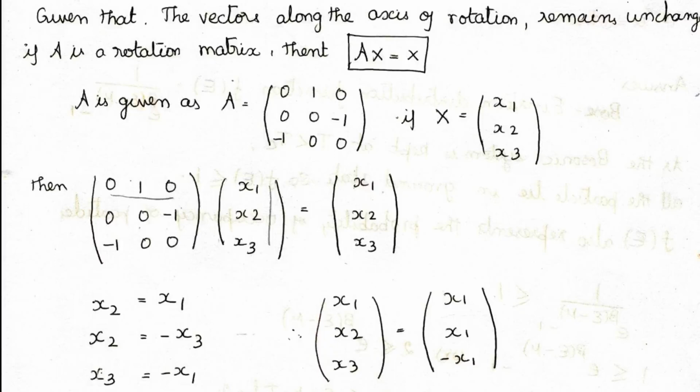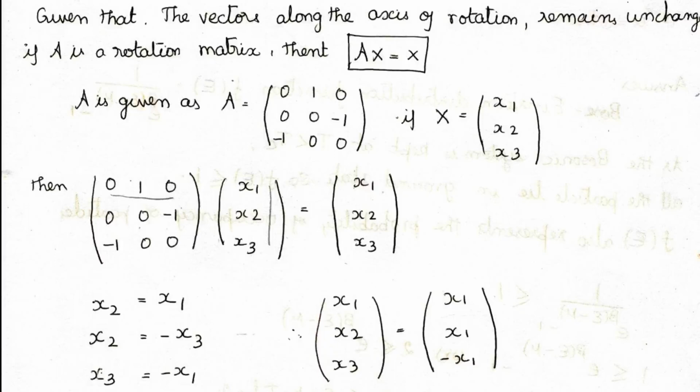Consider A as a rotation matrix. Then A operates on another matrix X and gives the same matrix. If we consider X as x1, x2 and x3, then we have [0 1 0; 0 0 −1; −1 0 0] times [x1, x2, x3] gives the same matrix [x1, x2, x3].